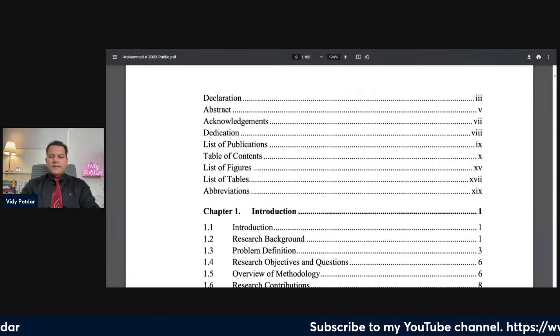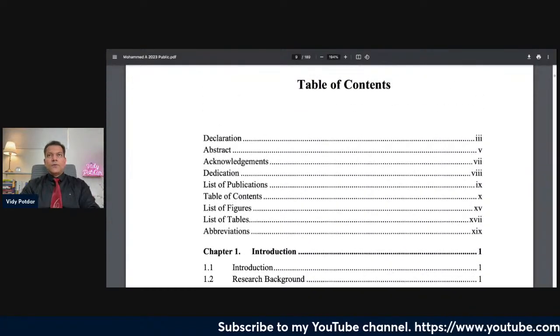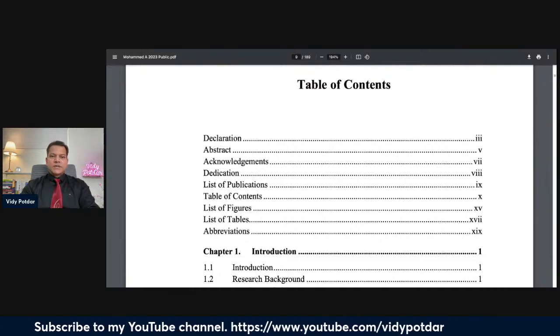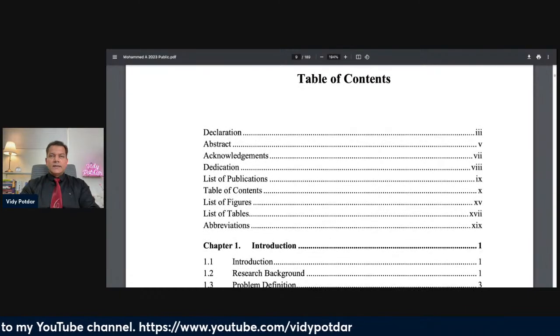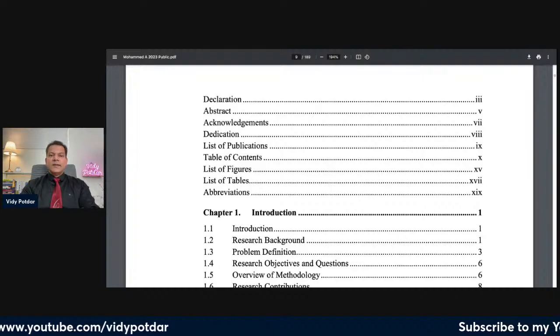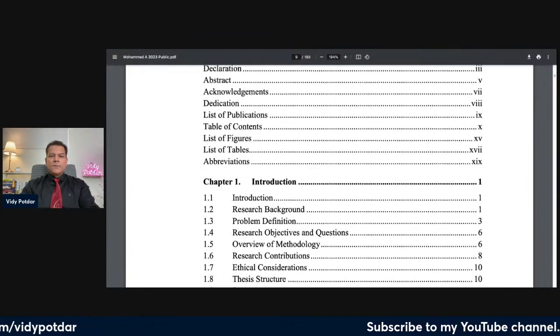the table of contents. The benefit of the table of contents is that typically most thesis content more or less follows a similar standard, like I told you earlier on.